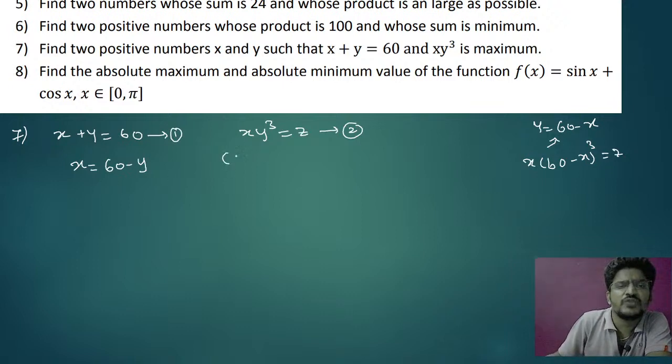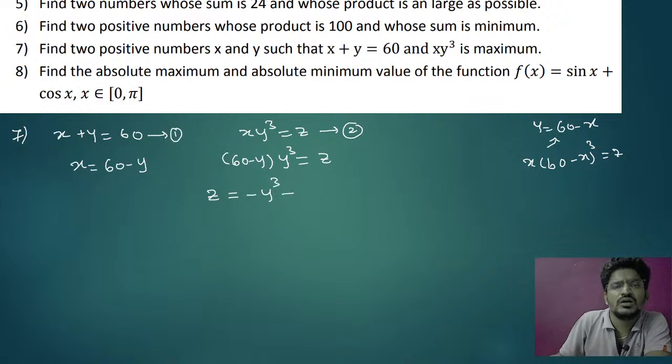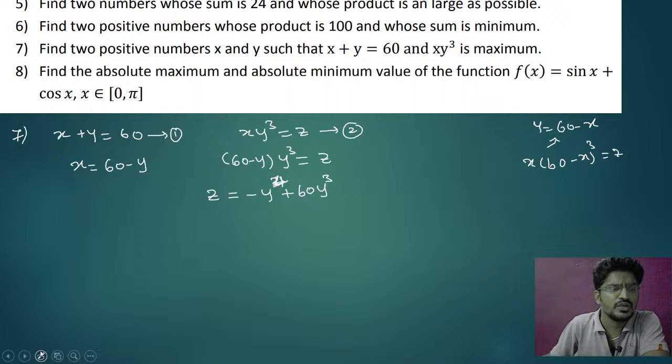So in the place of x I can write 60 minus y. In the place of y it will be y cube equal to z. No problem. Now z will be equal to 60 y cube minus y into y cube, which is minus y raised to 4, plus 60 y cube. Clear?